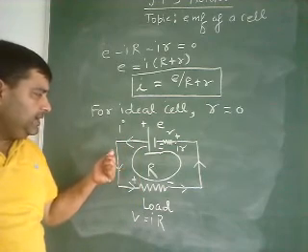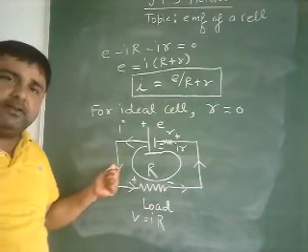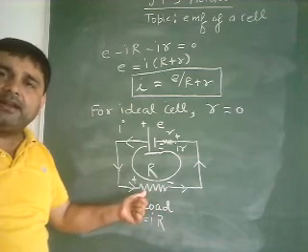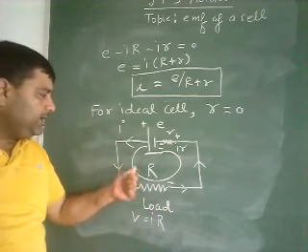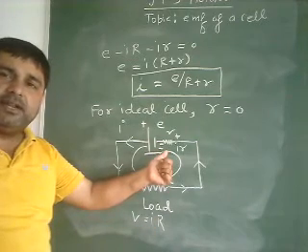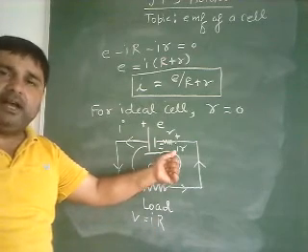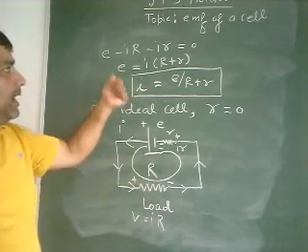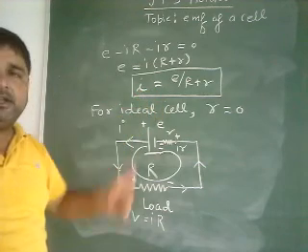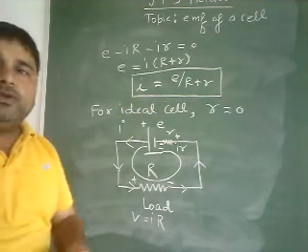Current I is taken from the cell which passes through the external resistance R. The potential difference across R is IR and across internal resistance is Ir. Using KVL I calculate this circuit current.